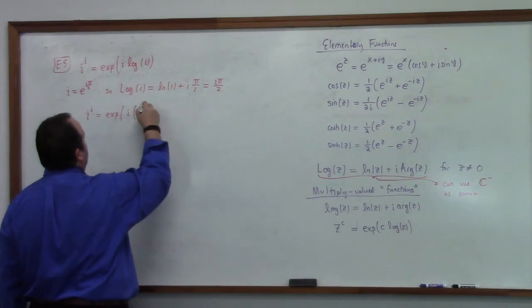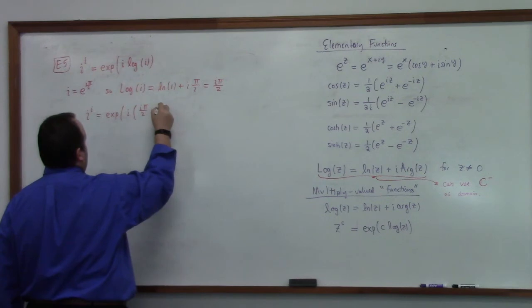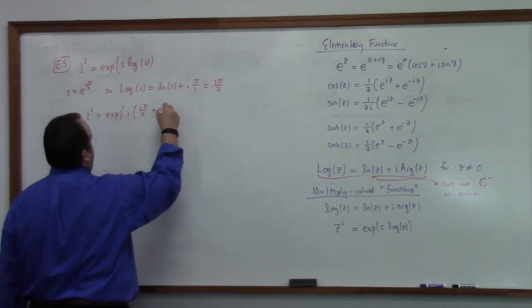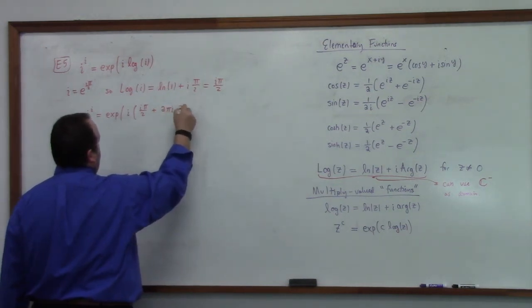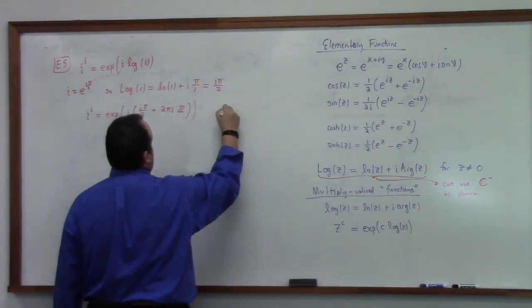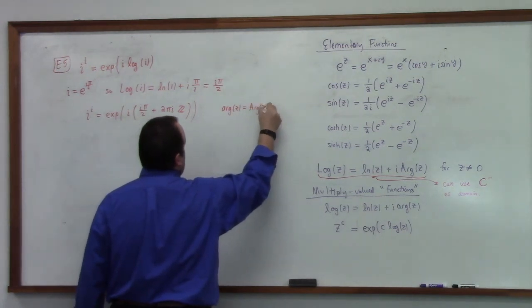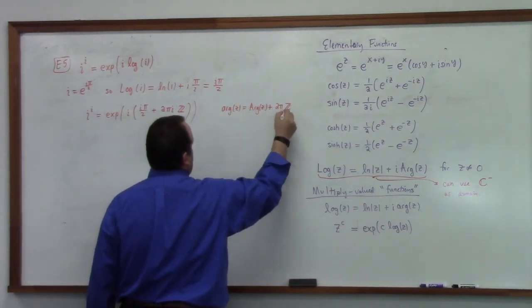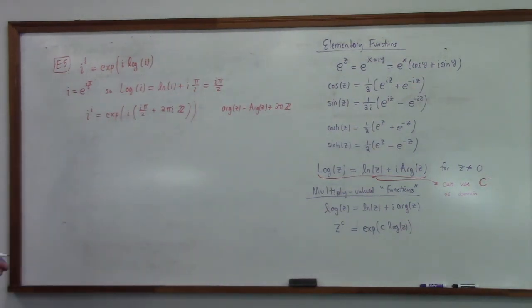so this is I pi over 2 plus 2 pi I Z. See, because little arg of Z is equal to big arg of Z plus 2 pi Z. We just add all multiples of 2 pi, all the coterminal angles from the arg.